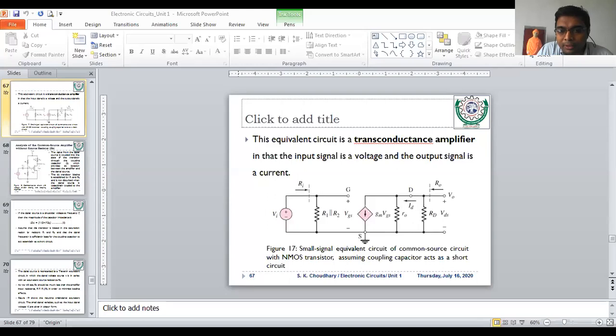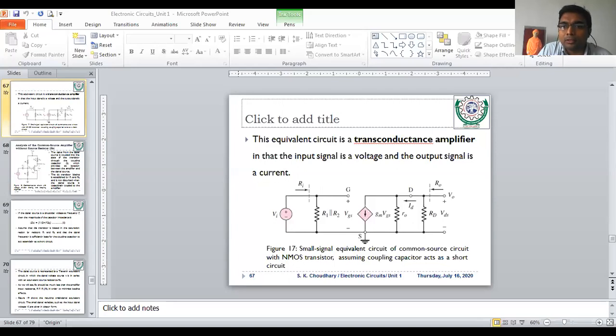And we know that as per the MOSFET, between the gate and source there is an open circuit because of infinite input impedance, and this is represented as small vgs. Between the drain and source there is a constant current source.